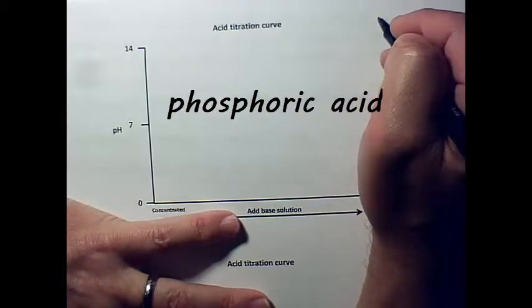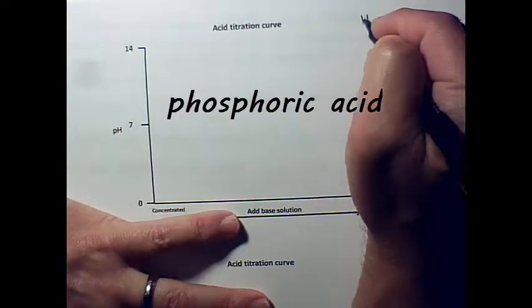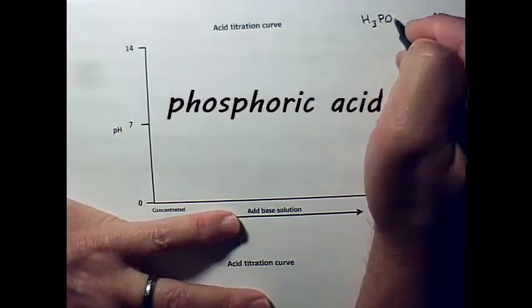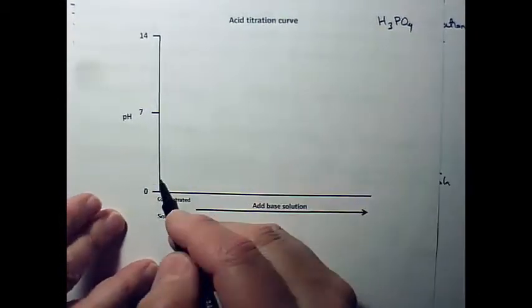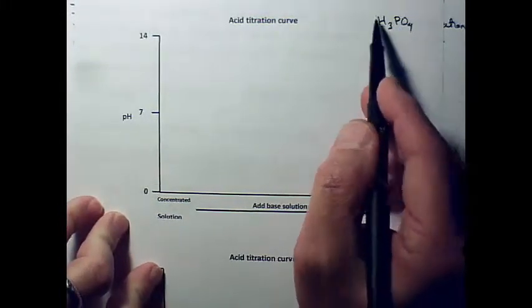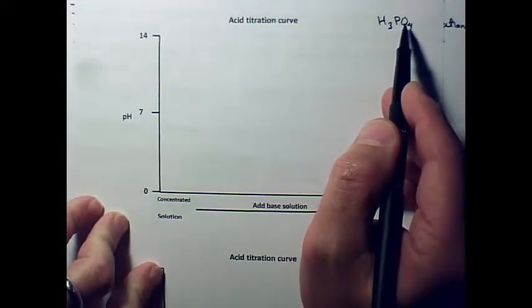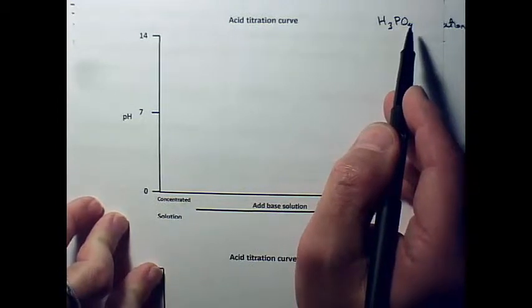And phosphate is PO4 3 negative, so phosphoric acid is H3PO4. So there are 3 ionizable hydrogens we would expect, and this is not a strong acid. The way you figure out whether it's strong or not is you have to have 2 or more oxygens than hydrogens. There's only 1 more oxygen here. So this is a weak acid.